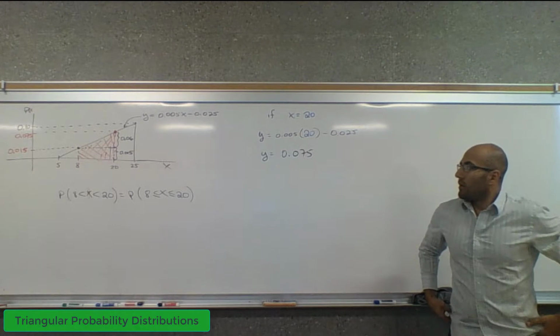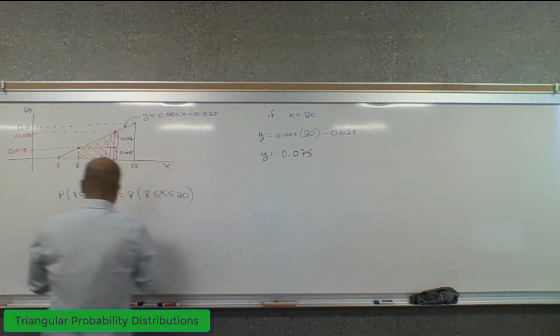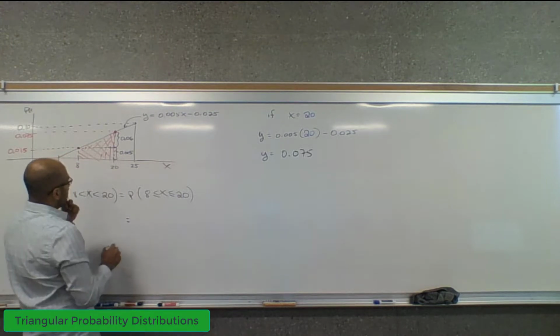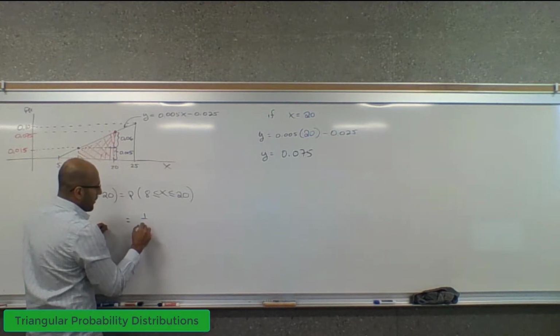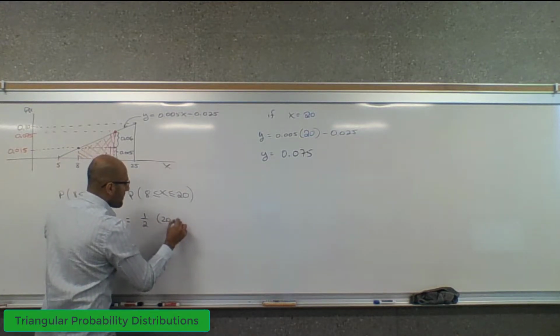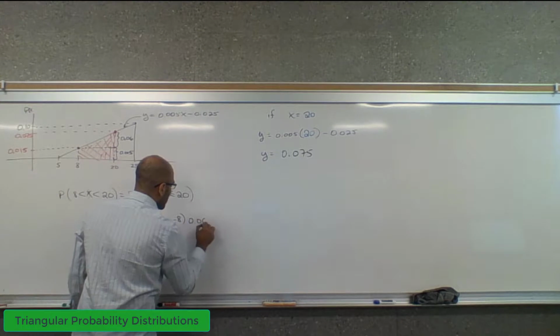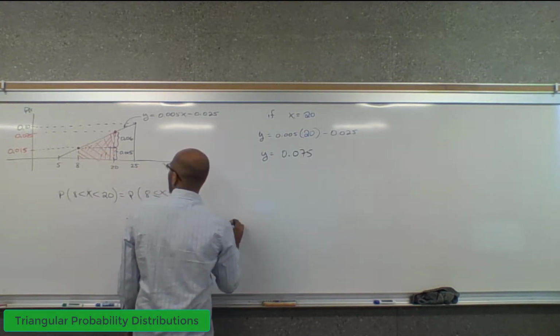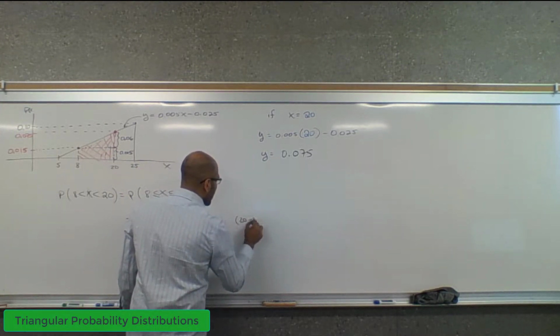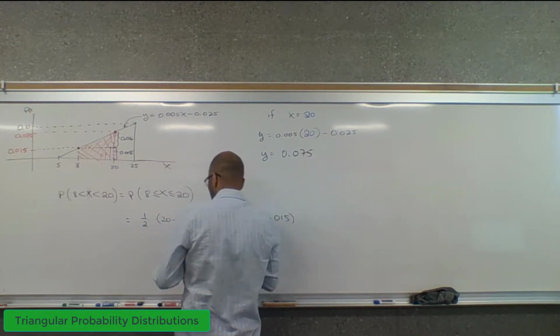Good. Okay, so if I was doing the whole rectangle and triangle part, then this would be equal to 1/2 for the triangle part, 1/2 times the base, which is 20 minus 8, times the height, which is 0.06, plus 20 minus 8 times 0.015, right?